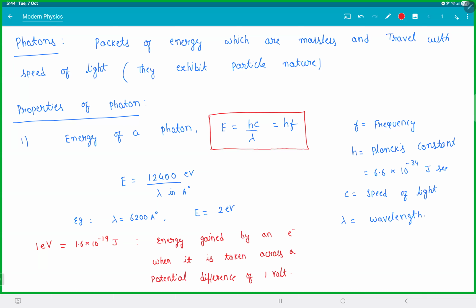Clear with this? This is the standard stuff which you know from your chemistry.